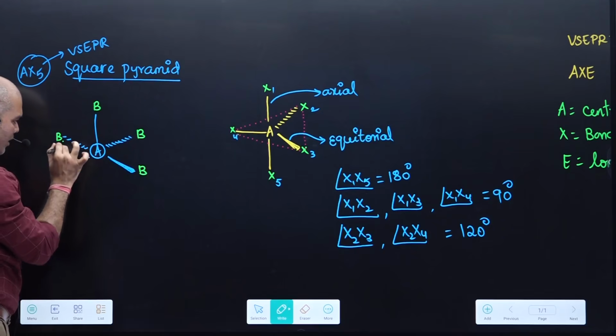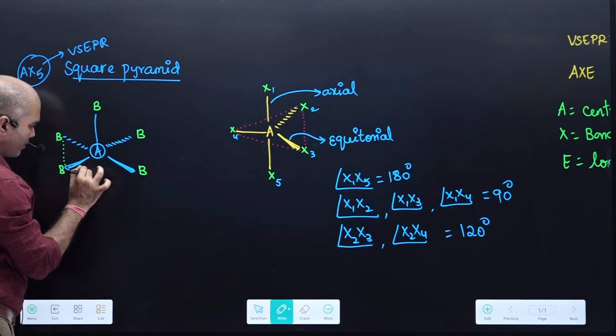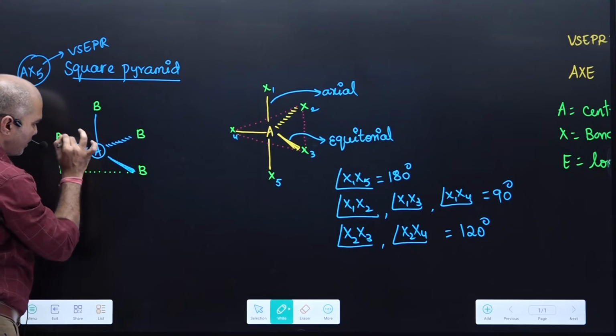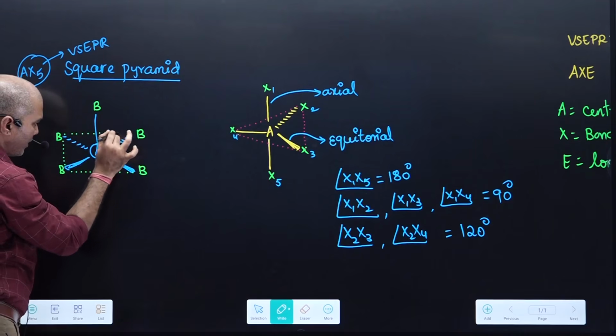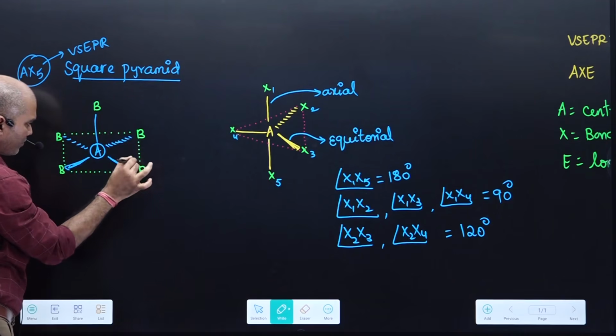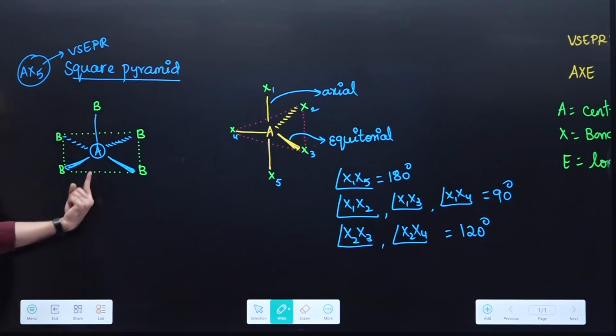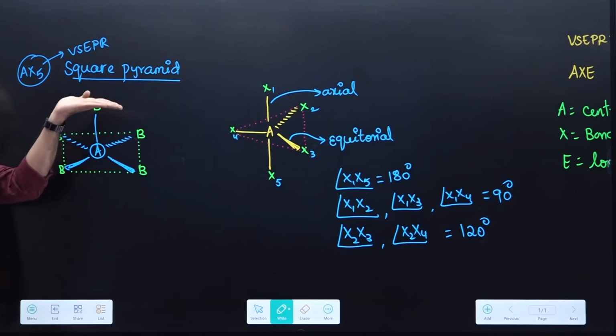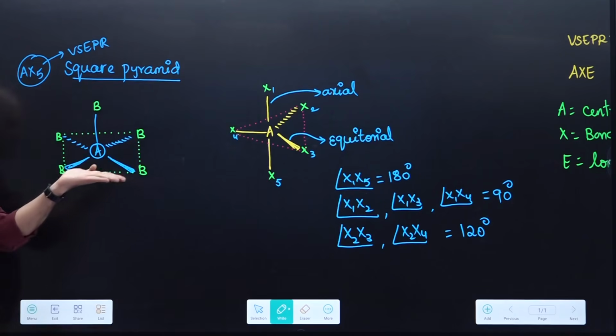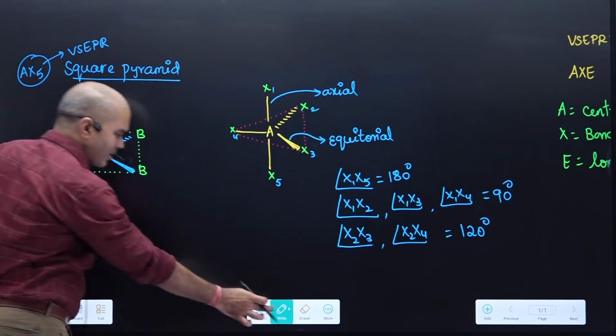How many planes of atoms? Those who have an idea about symmetry, C4 rotational axis, first plane of atom 1, second plane of atoms 4, 4 ligands, central atom is always there. So how should I number it?